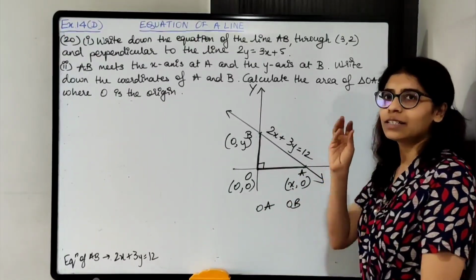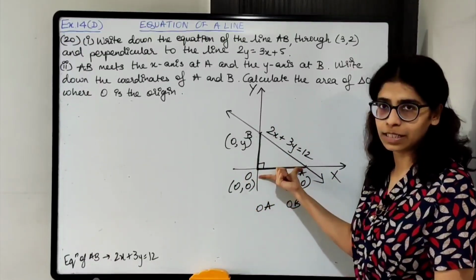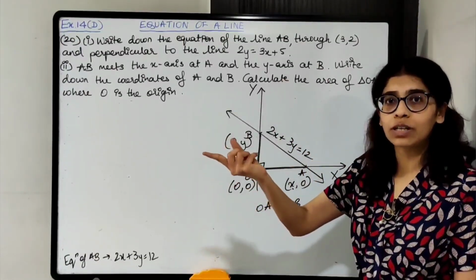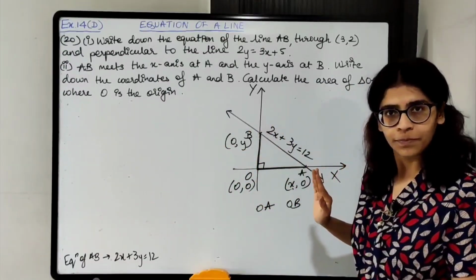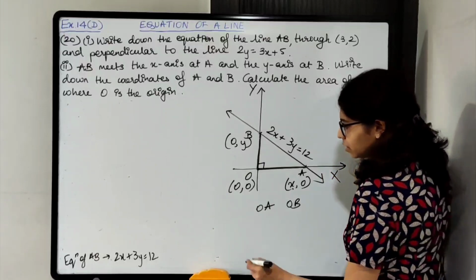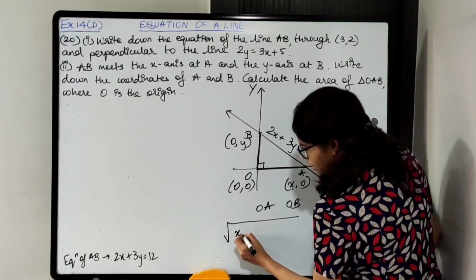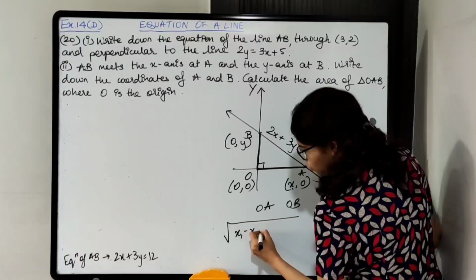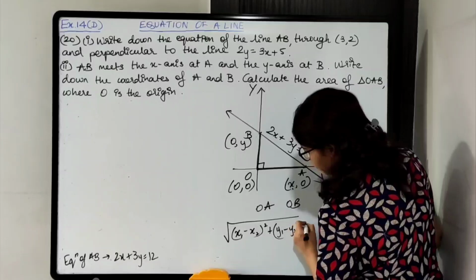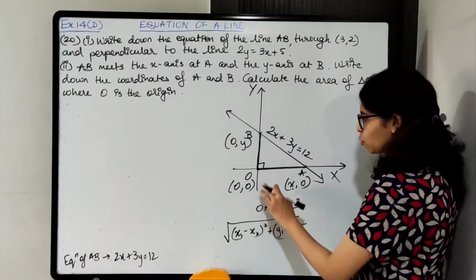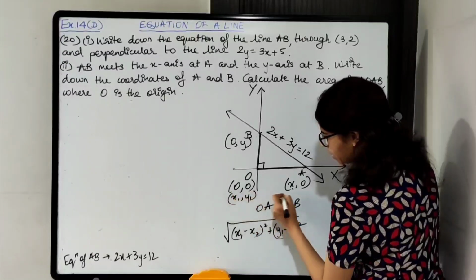Okay, but it is better that you show the working. OA distance find out करने के लिए use distance formula. Distance formula use करो to find OA and OB. Okay, it is nothing but square root of x1 minus x2 the whole का square plus y1 minus y2 the whole का square. Okay, so OA के लिए take this as x1 y1, this as x2 y2.